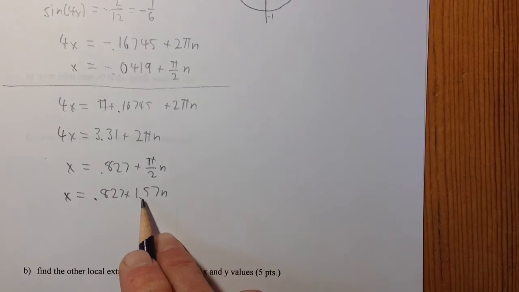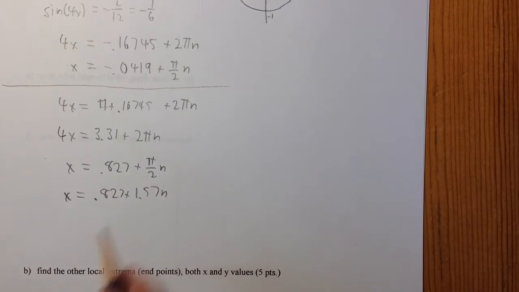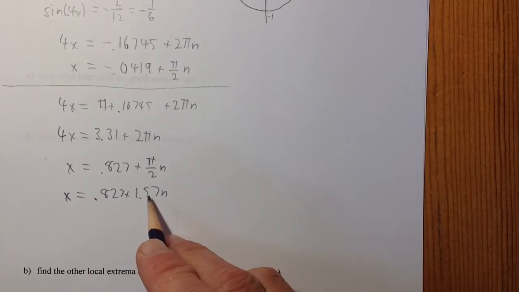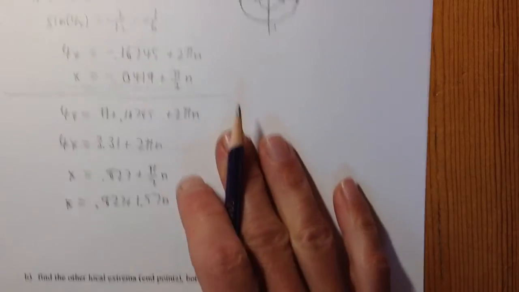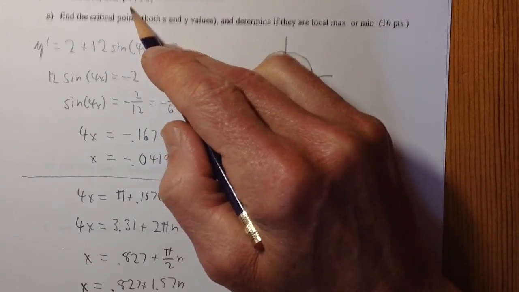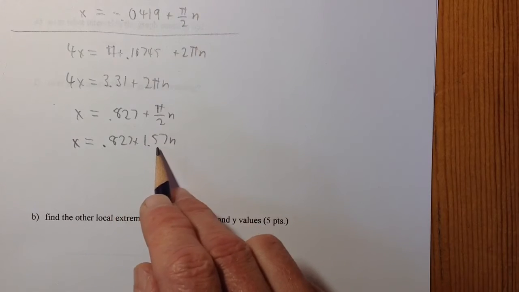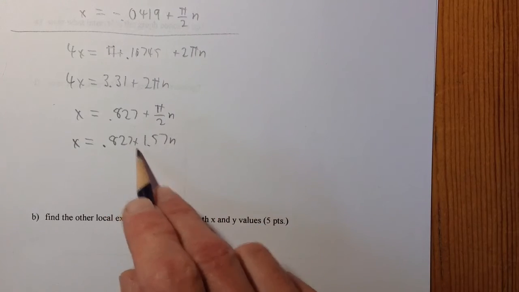That's bigger than 1.8. If we take away 1.57, that might work. Let's figure that out. 0.827 minus 1.57 gives us negative 0.743. That doesn't work. That's too negative. We're only going as low as 0.4. If we take away 1.57 from this, it gets negative. So that's not going to work.